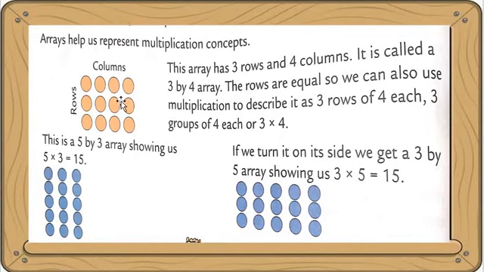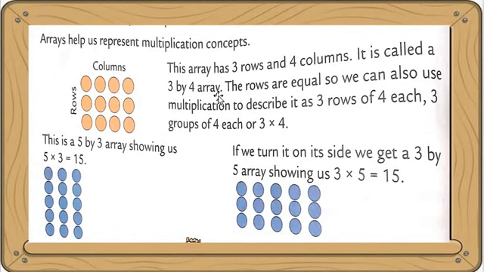Got my point, all students? This array has 3 rows and 4 columns. See here, this is a column and this is a row. This array has 3 rows and 4 columns. How many rows do we count here? 1 2 and 3. And columns 1 2 3 and 4. Understood? It's called a 3 by 4 array.